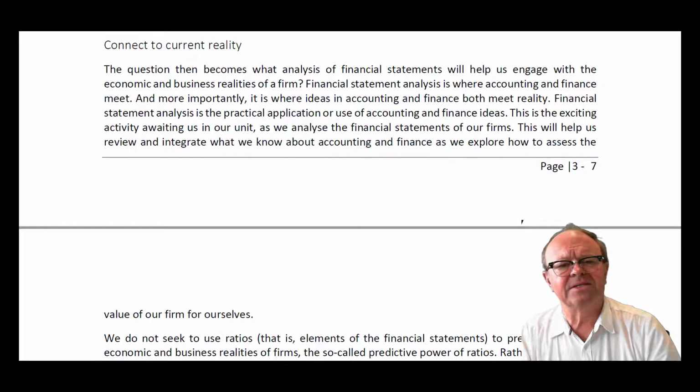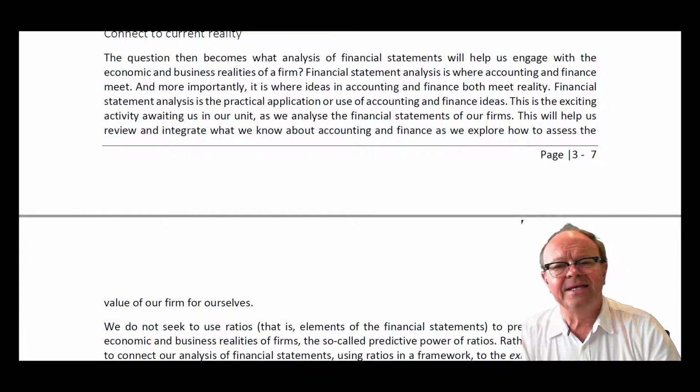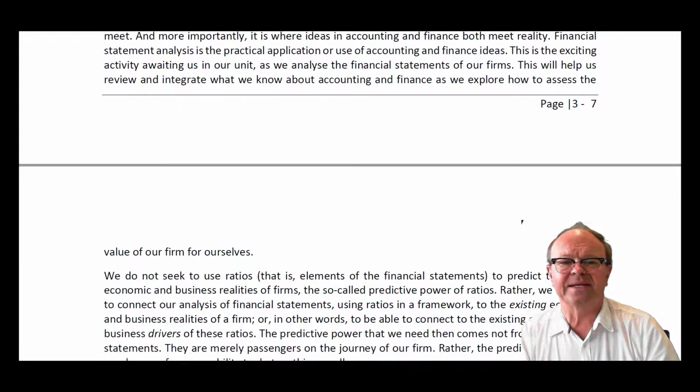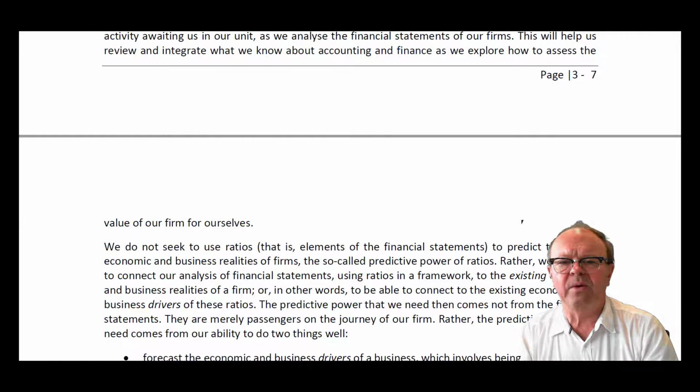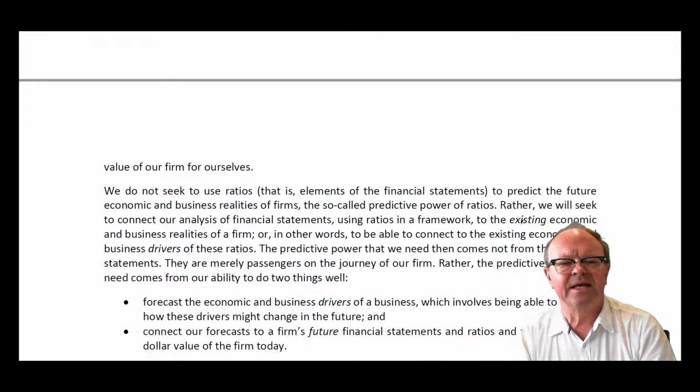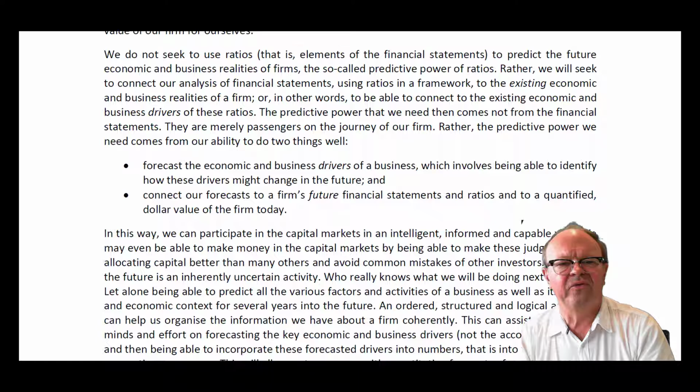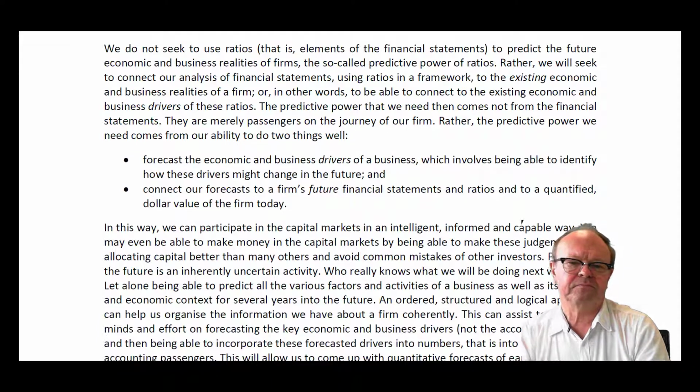Financial statement analysis is the practical application or use of accounting and finance ideas. This is the exciting activity awaiting us in our unit as we analyse the financial statements of our firms. This will help us review and integrate what we know about accounting and finance as we explore how to assess the value of our firm for ourselves.